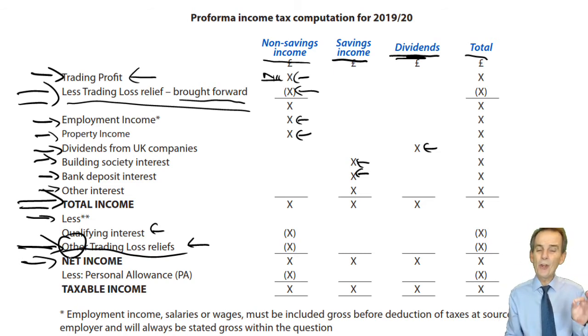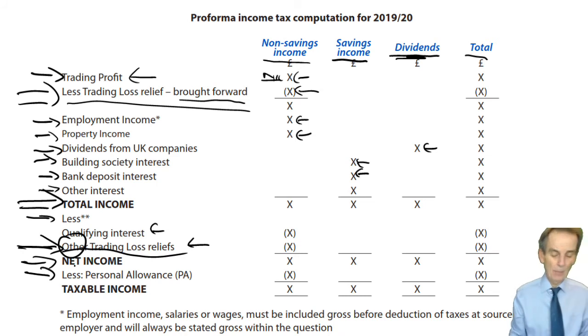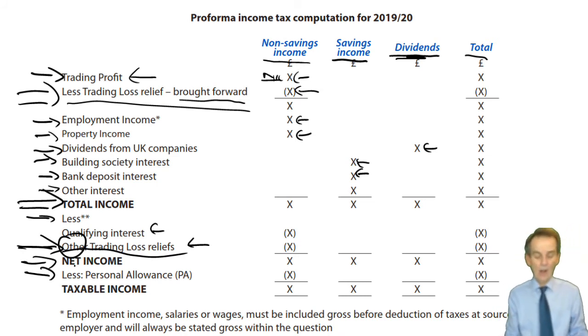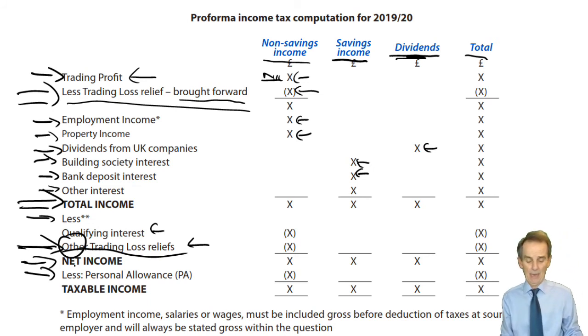And we're not quite there in completing this first part of the computation, because now we deduct our personal allowance. Our personal allowance is to be deducted, and that is usually £12,500, and we deduct that personal allowance from the total of our net income.